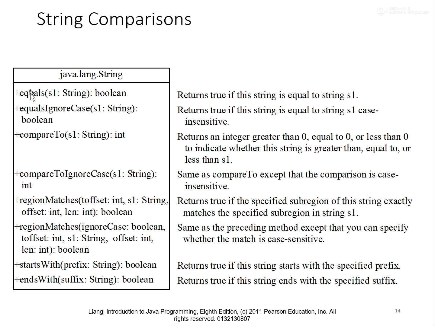Slightly similar to the equals method is the compareTo method. This doesn't return a boolean, a true or false value, but an integer. It returns an integer greater than 0, equal to 0, or less than 0 to indicate whether the string is greater than, equal to, or less than the string in the argument.